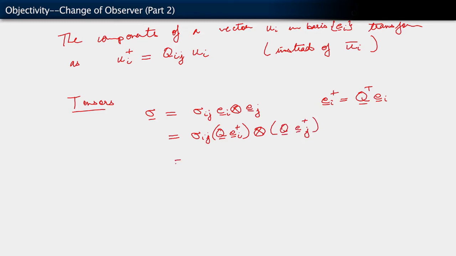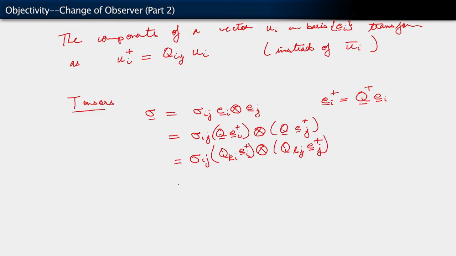Now, taking the same approach that we had before, I'm going to write this as Q Ki Ei plus tensor Q Lj Ej plus.